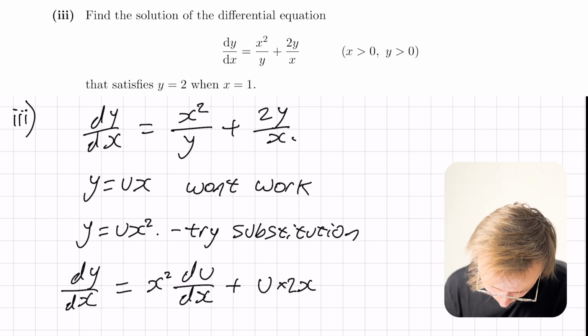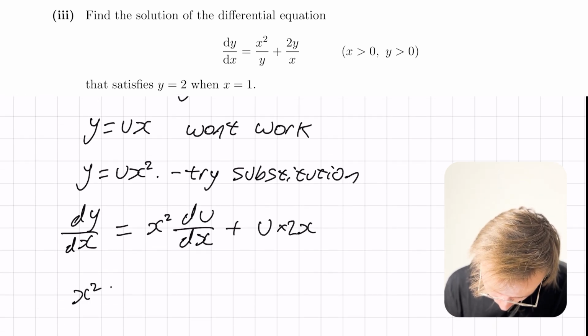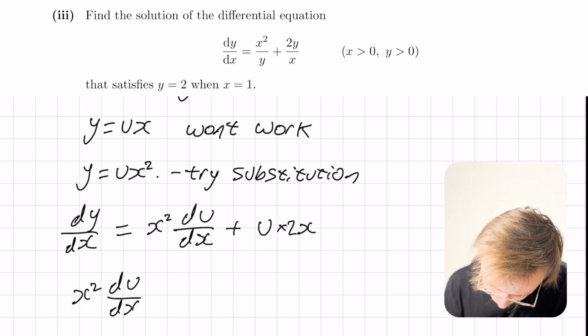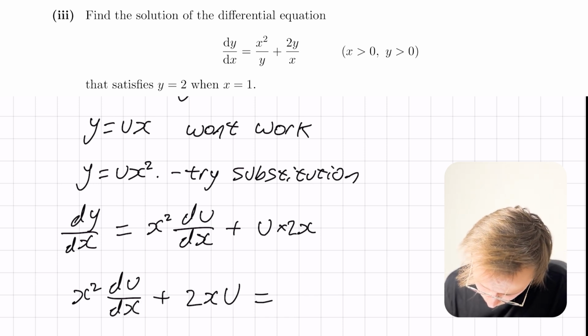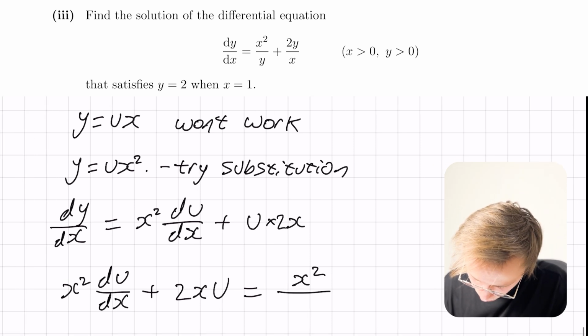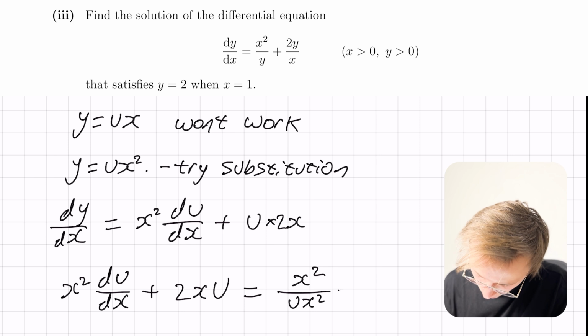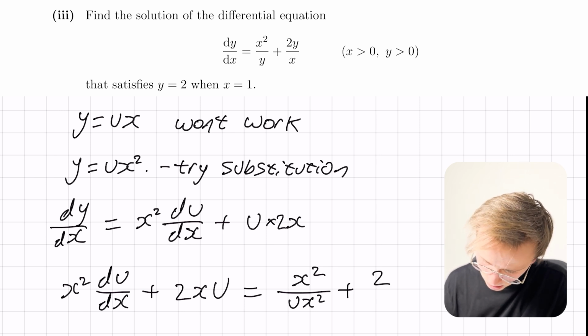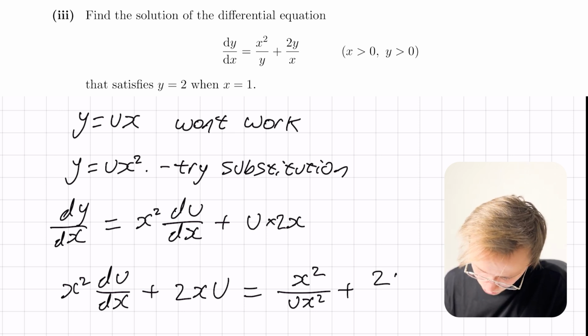So then we have x squared du by dx plus 2xu equals x squared over ux squared plus 2y, which is ux squared, all over x.